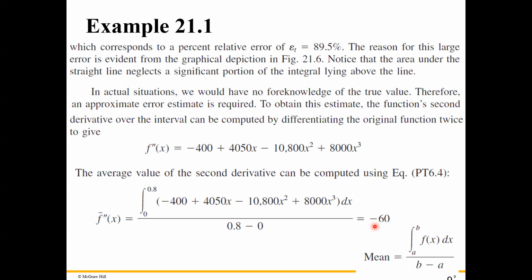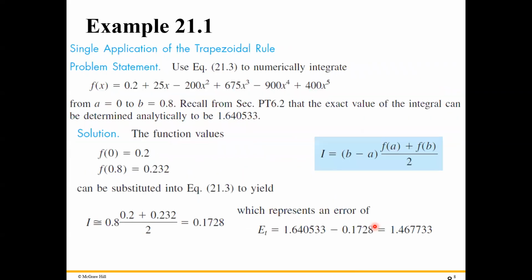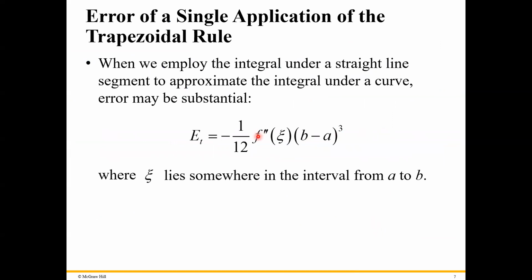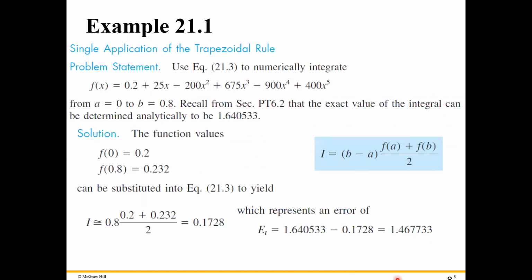Now if we input this minus 60 as the value of f double prime into this equation, it is minus 1 over 12 times (b minus a) cubed. Here we can see that the approximate error in this case will be equal to 2.56. The approximate error is 2.56, but what was the true error?